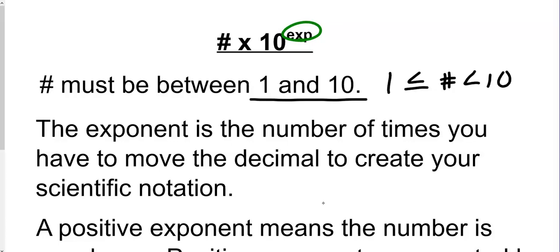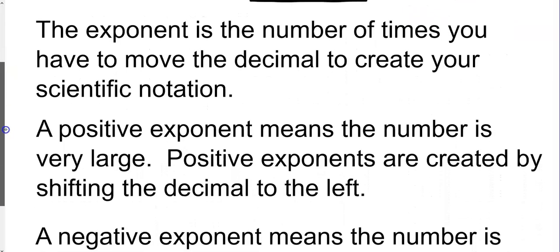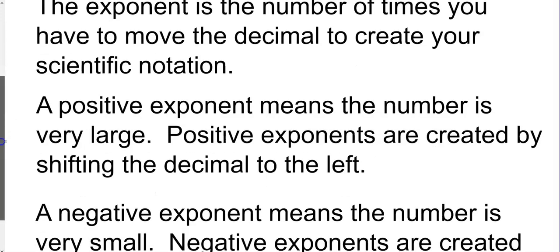And again, you're going to see this in some problems coming up, because this whole video is all about creating scientific notation or taking it out of scientific notation back to the standard notation, the original number.